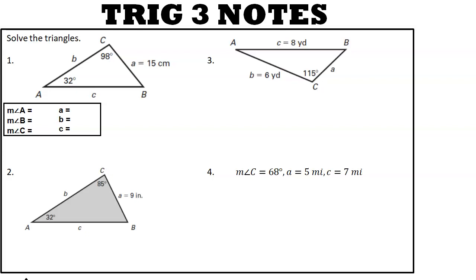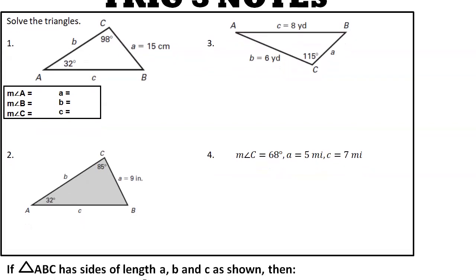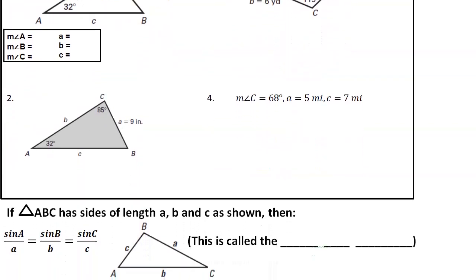Okay, so the rule that we are about to use is called the law of sines, and you know what? I'm actually just going to scroll down and show you the rule really quick. And I think it'll make a lot of sense once you get to about the third example or so. Okay, so law of sines.